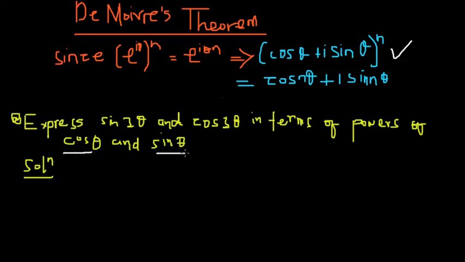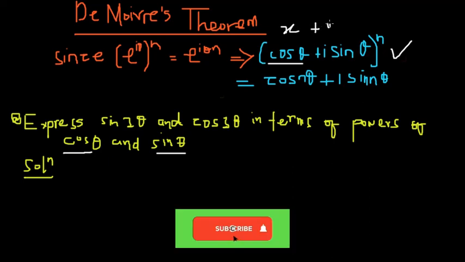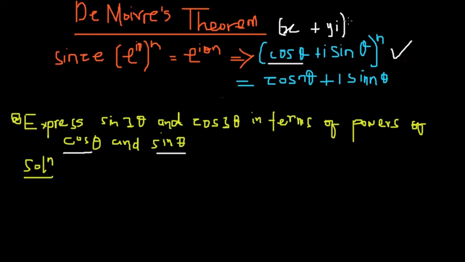Meaning that the answer we'll be getting for cos theta has to correspond to the real portion of the complex number, just like here. Hope you remember something like x plus maybe yi.